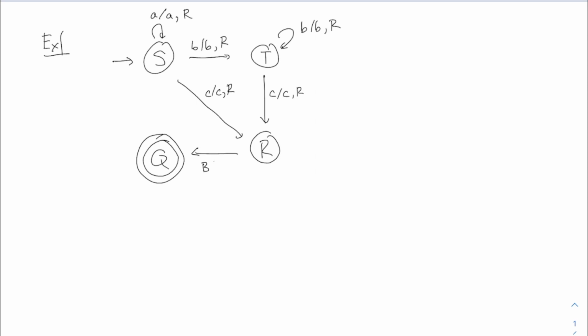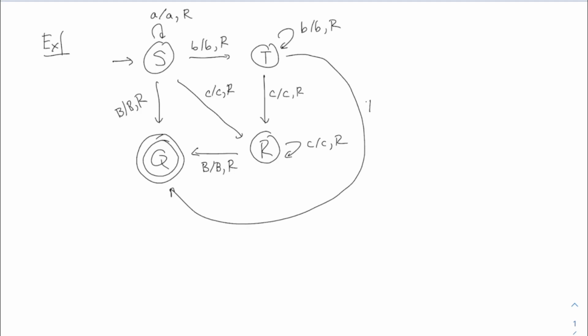It maybe doesn't look like that, but I'm just drawing all the arrows here, and then I'll explain. And I have an arrow from T all the way to Q with a blank/blank, R. Remember, the capital B means blank. It is possible that the tape may be blank in certain spots, and that's what the capital B means.